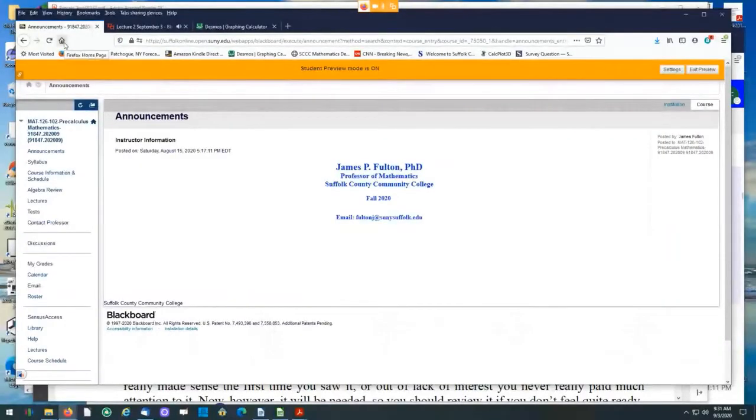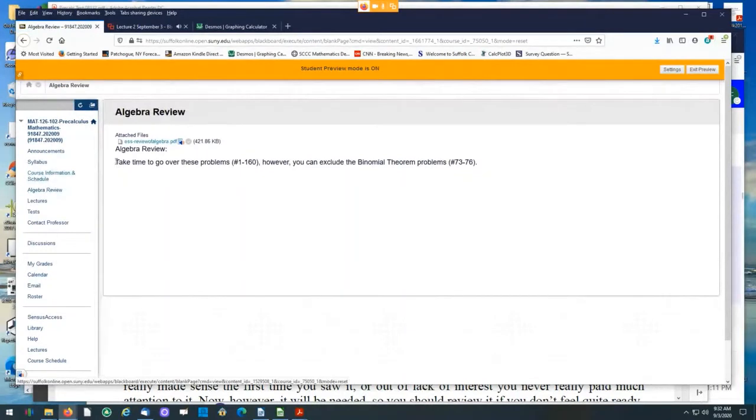If you come on to the Blackboard site, I put a new link, Algebra Review. You click on that tab, you get to this window, and here's an algebra review. I'm borrowing something from Stewart. We actually use the Stewart calculus book, so it's a reasonable review.